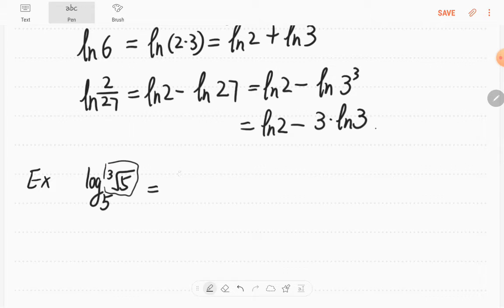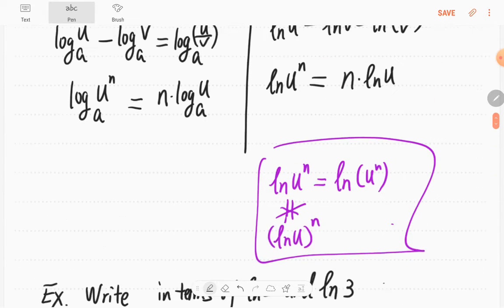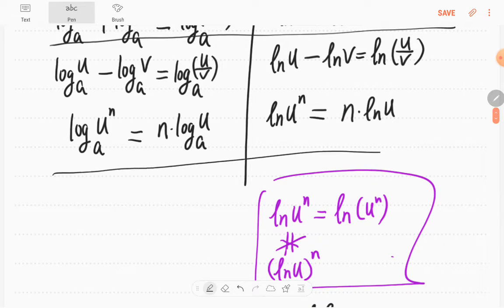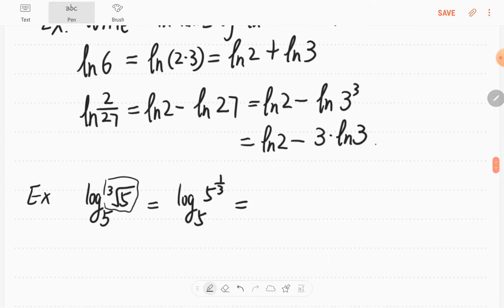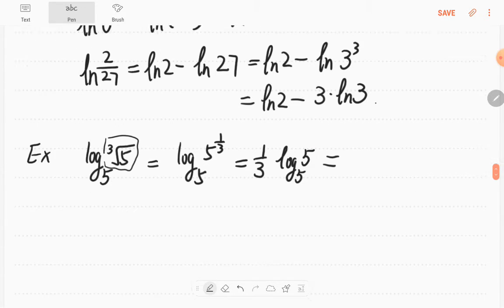Okay, so it becomes log base 5 of 5 to the 1/3, right? Then the next thing is we can bring down this power, like this part. So it becomes 1/3 times log base 5 of 5, which is equal to what?